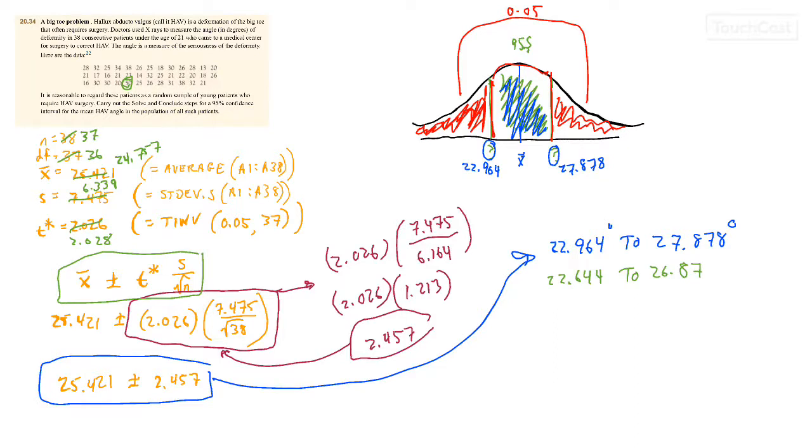That range is actually smaller than what we got when we did the original problem, 20.34. And the reason is because we got rid of that outlier. So this is with no outlier, and this one is with an outlier.